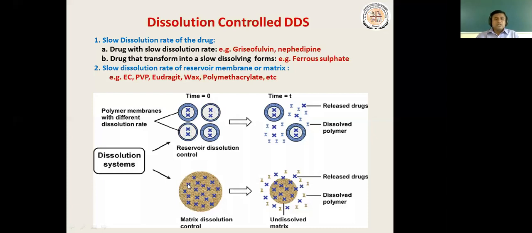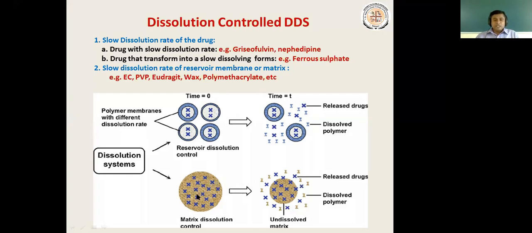The second type of formulation is fabricated by way of matrix formulations. This is the matrix dissolution controlled drug delivery system, where the drug is dispersed or dissolved in a polymeric material that is hydrophobic in nature, so that when this system comes in contact with the GI fluid, it does not dissolve readily. It dissolves slowly.